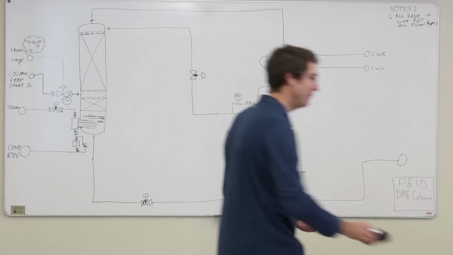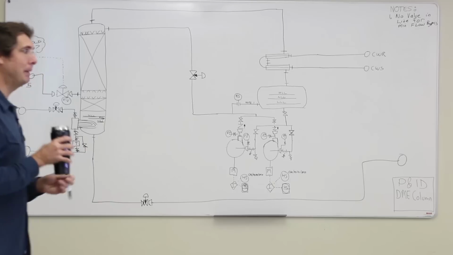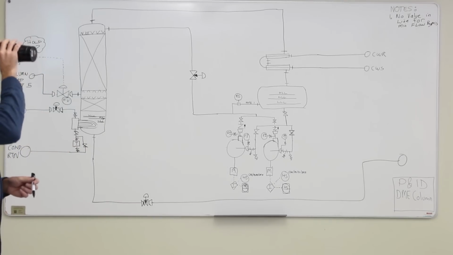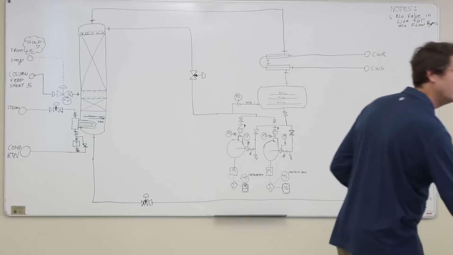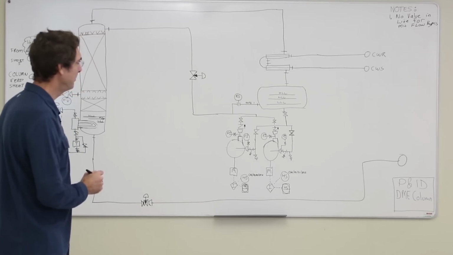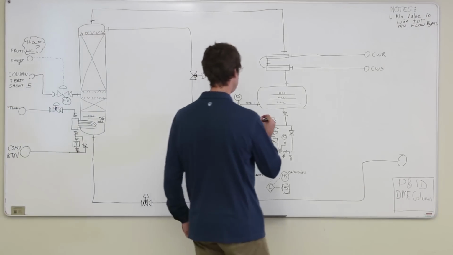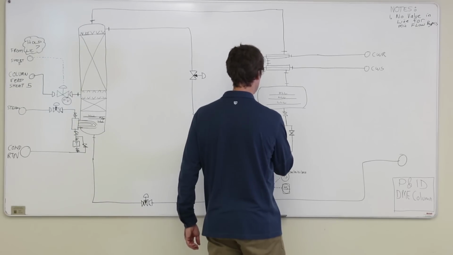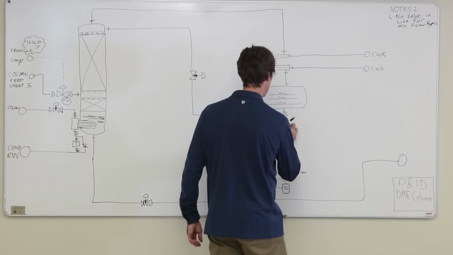I'm missing a very important piece of piping on here. The product line. Exactly. Okay, so horizontal lines break vertical lines.